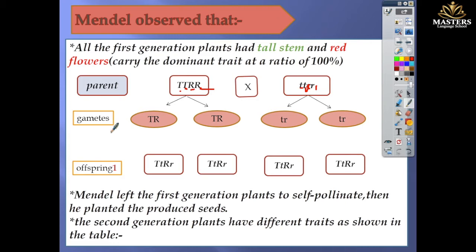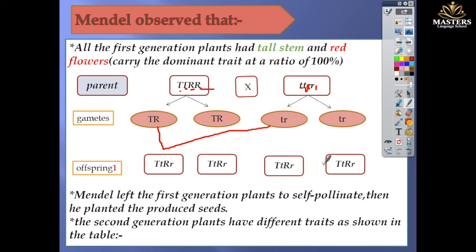Okay? We wrote the parents on the left side, at the top. After that, we wrote the gametes. Now we will make a distribution of gametes to form the offspring, or to form the first generation. Let's see how we can make a distribution. We will take the first gamete from one parent with the first gamete from the other parent, so it will be T capital, T small, R capital, R small.